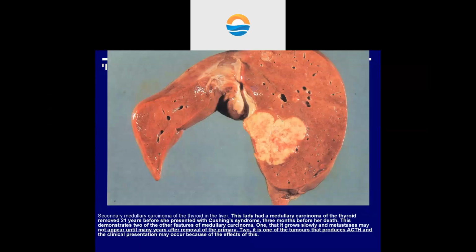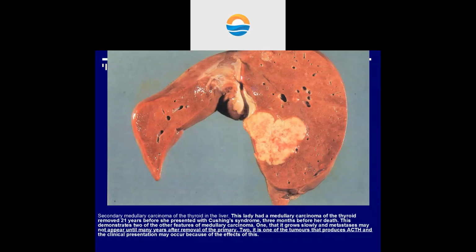Here you see secondary medullary carcinoma of the thyroid gland in the liver. This lady had a medullary carcinoma of the thyroid removed 21 years before she presented with Cushing syndrome, 3 months before her death. This demonstrates two of the other features of medullary carcinoma.